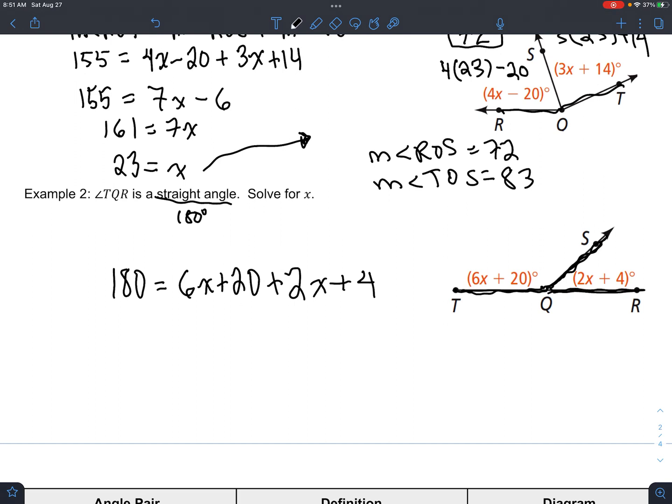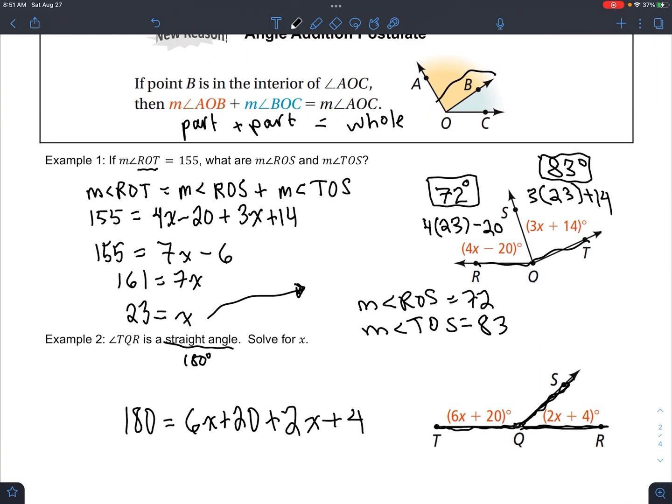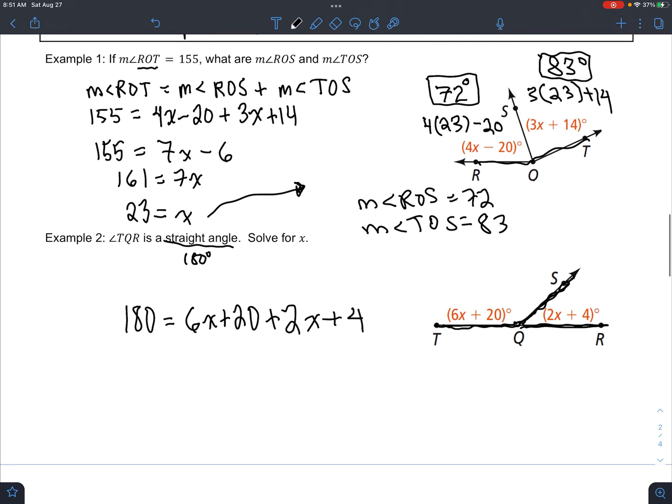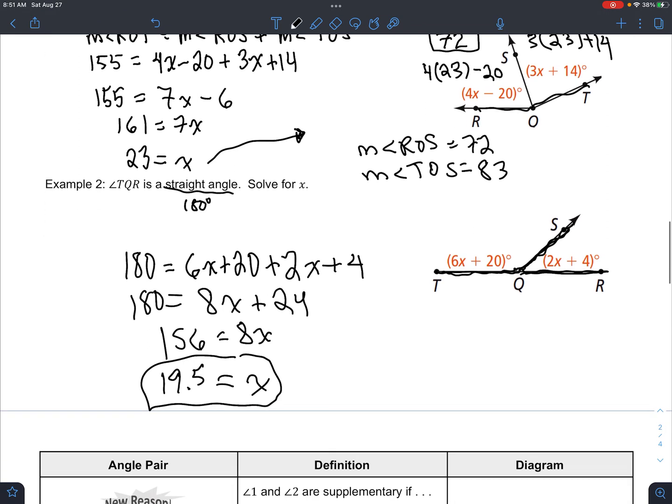But when they're touching like this and they share a ray, you can add them up. That's what the angle addition postulate says. Only when they're touching like this can you do this. This one's straightforward. So 8x plus 24 is 180. Subtract. I think we actually get x as a decimal here, but it'll turn out okay. They want us to just solve for x, so we can stop there.